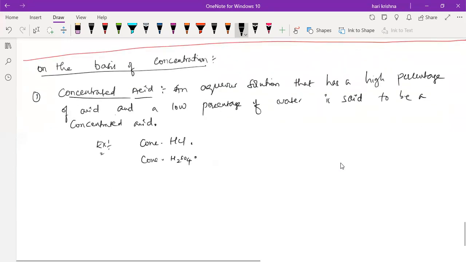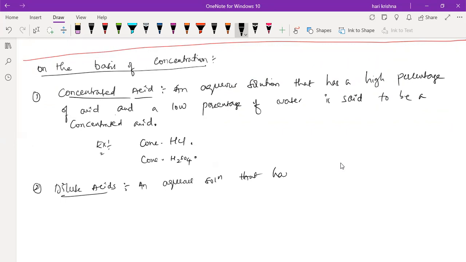Next, what is the meaning of dilute acids? An aqueous solution that has a high percentage of water, exactly opposite, right?